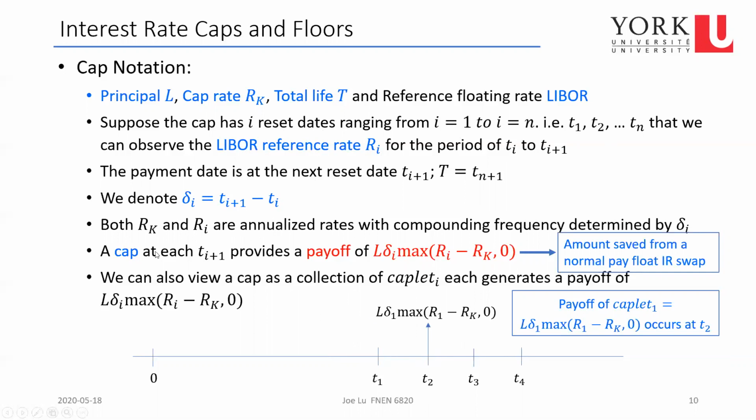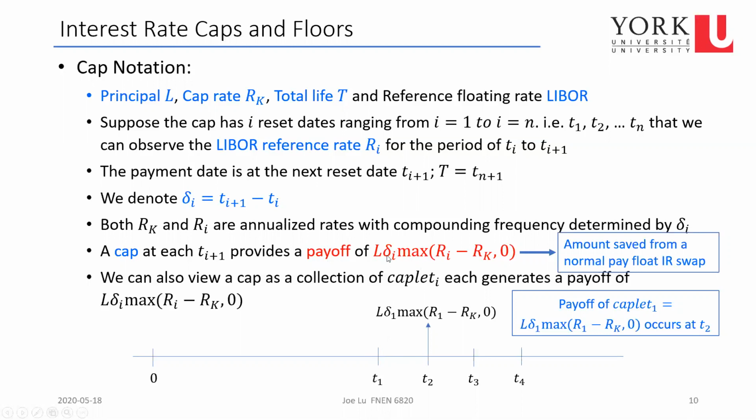Now, a cap pays off at each T(I+1), so the first payoff will be at T2. It is the max of the floating rate minus the cap rate, multiplied by this difference in time, because this is all in annualized rates.